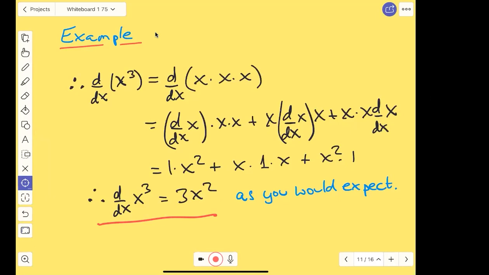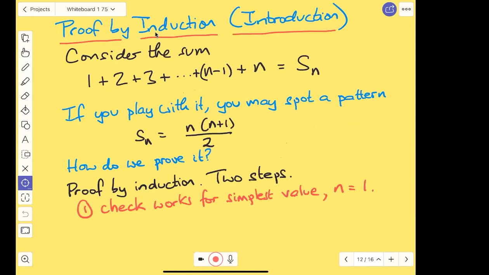Okay, so thank you. So in the last 15 minutes, what I want to do is talk a bit about proof by induction, and we're going to come back to differentiation at the end of it. Some of you may not have seen proof by induction before. I'm going to do 2 examples, and I hope it will give you the idea.